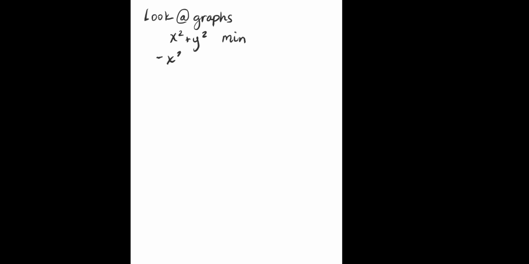Negative x squared minus y squared is a max. And x squared minus y squared is a saddle point. Probably should have put a little bit of a space there, sorry guys. That means there's a max in one direction and a min in the other.